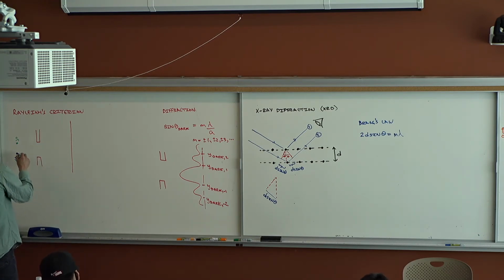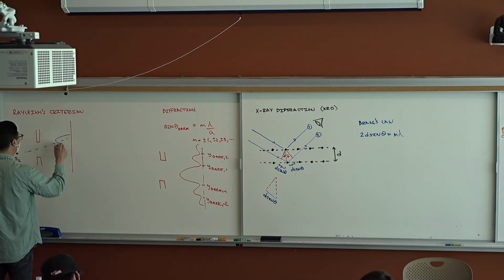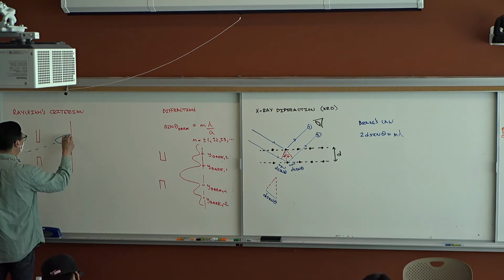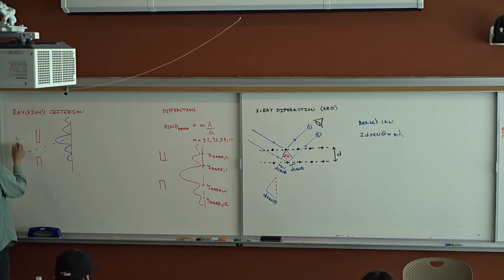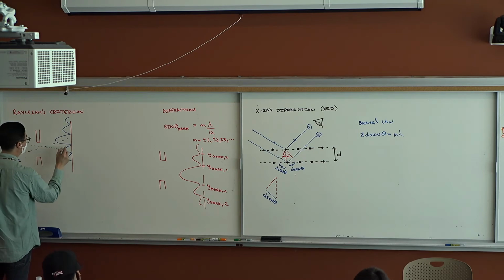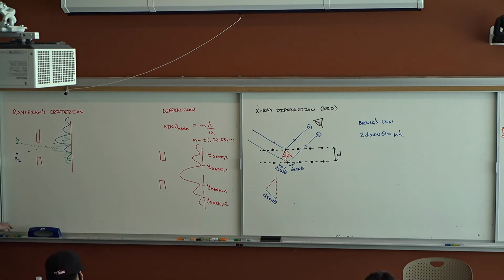And so Rayleigh's criterion is this idea of how close can you get these together where you can still resolve two distinct central peaks.